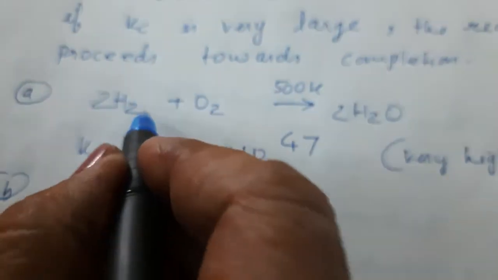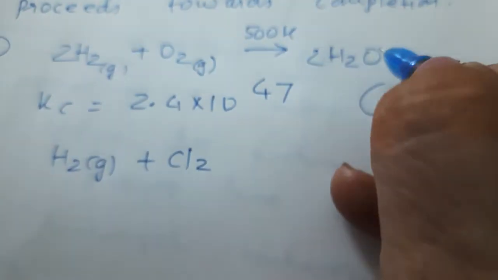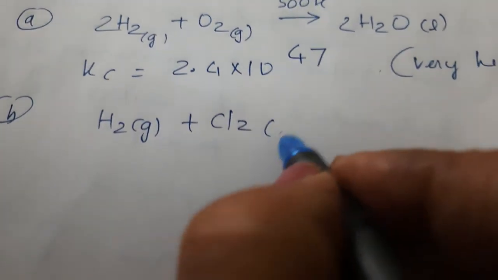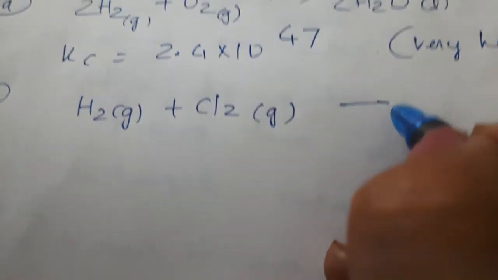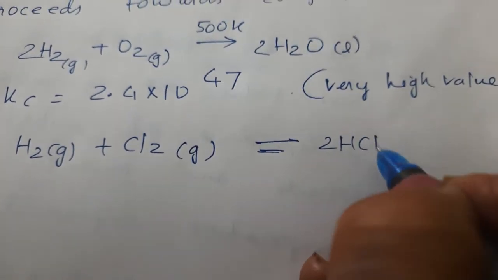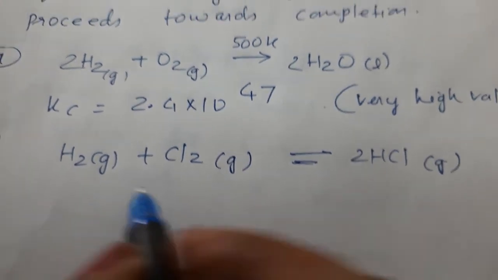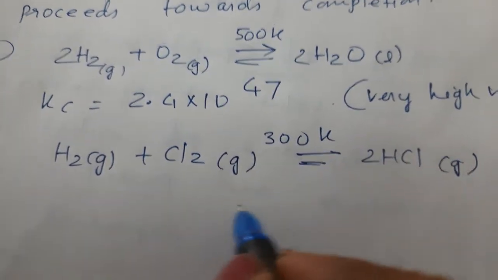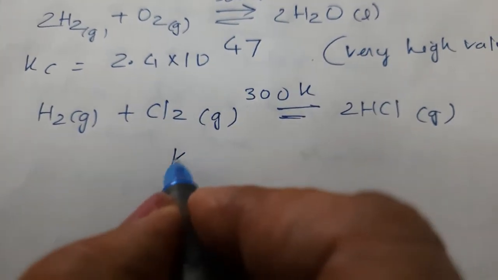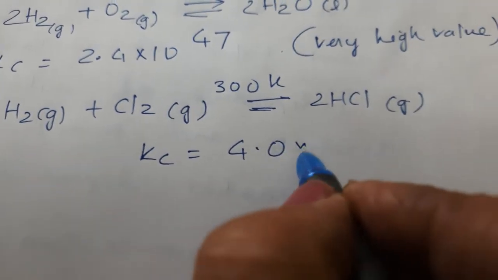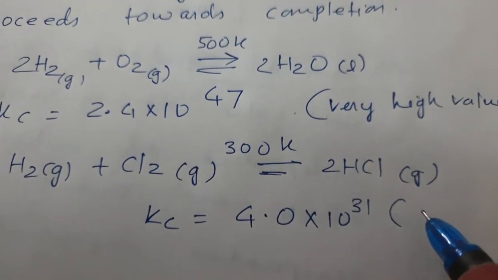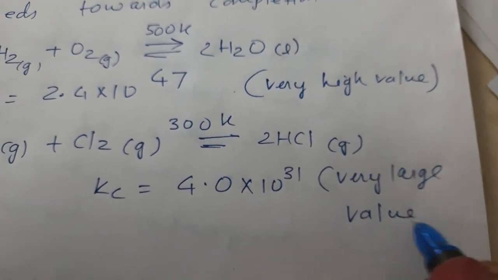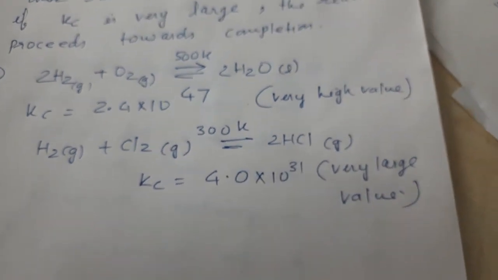Both are in the gaseous state, and here it is HCl. H2 and Cl2 are gases, and they will form 2HCl, a gas, at 300 Kelvin. Here Kc is equal to 4 into 10 raised to power 31. So a very large value. That means the reaction is about to complete.